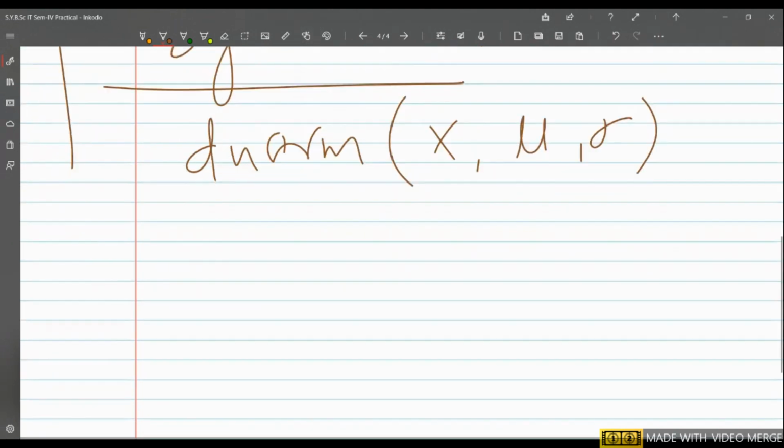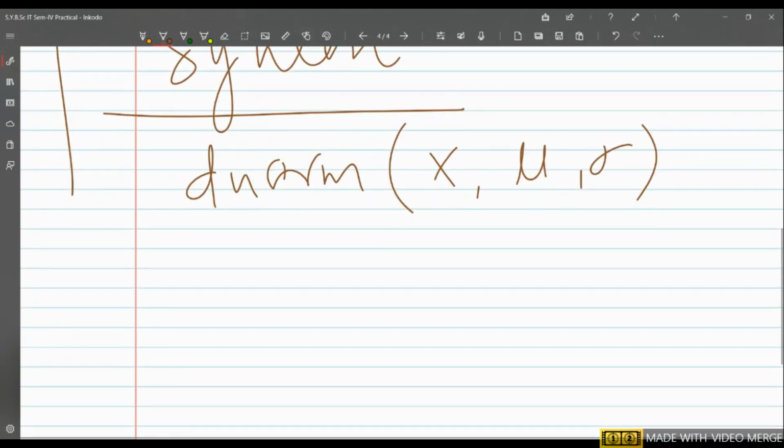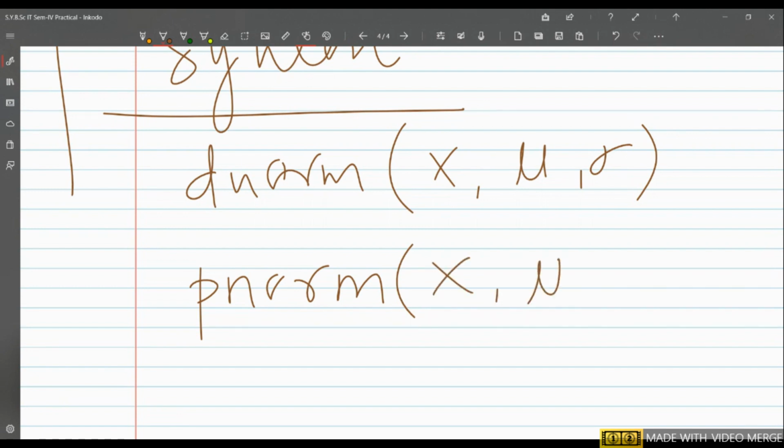Similarly we can write the syntax for pnorm also: pnorm x, mu and sigma. The syntax is similar.